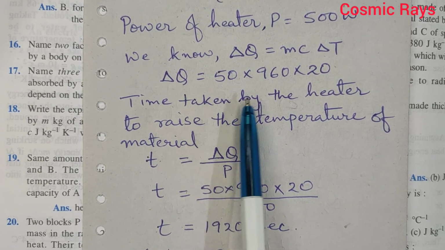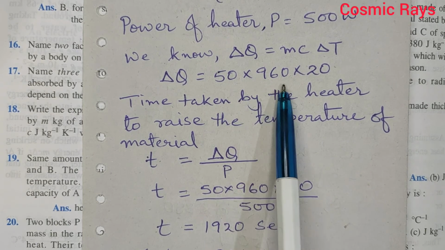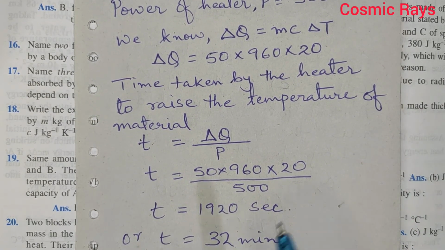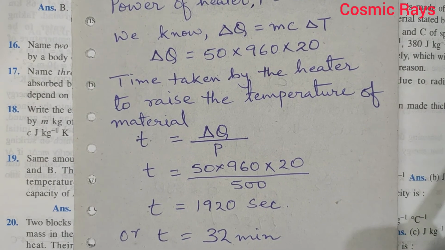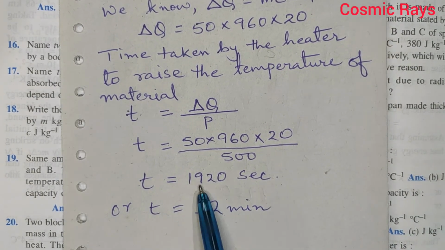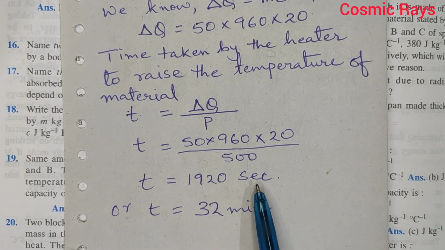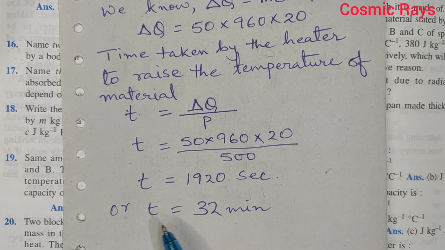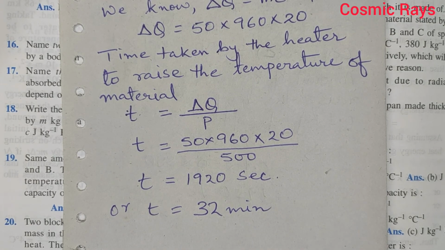So delta Q is this 50 into 960 into 20 divided by power rating is 500. So it comes out to be 1920 seconds. Converted to minutes by dividing it by 60, it comes out to be 32 minutes.